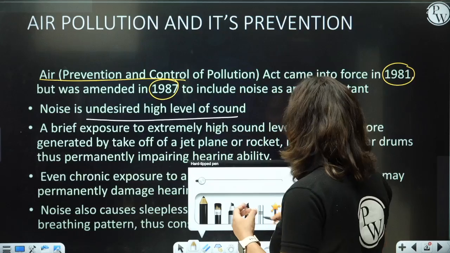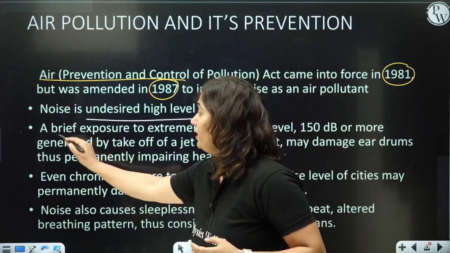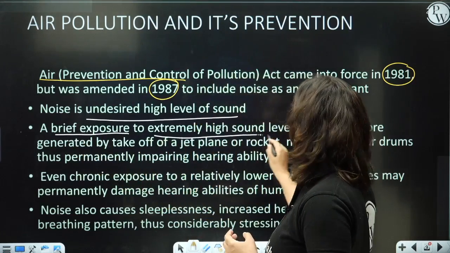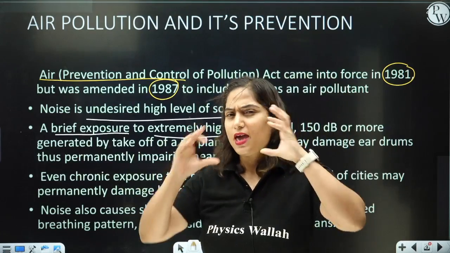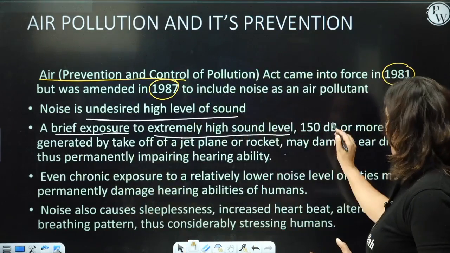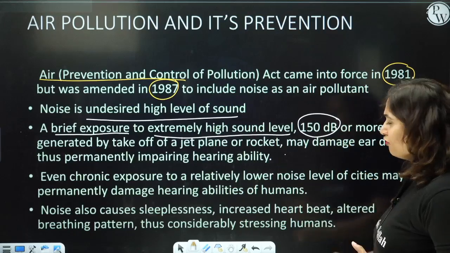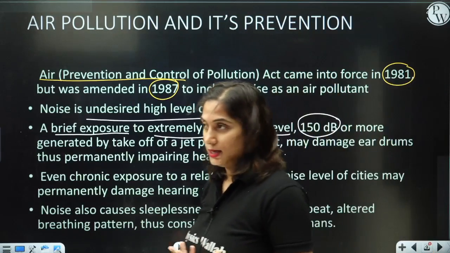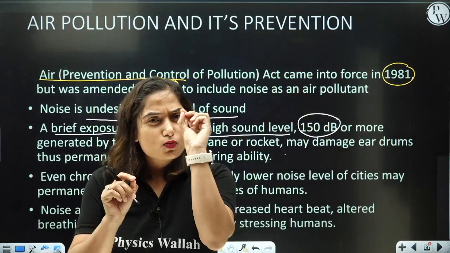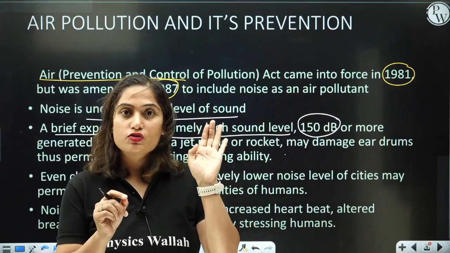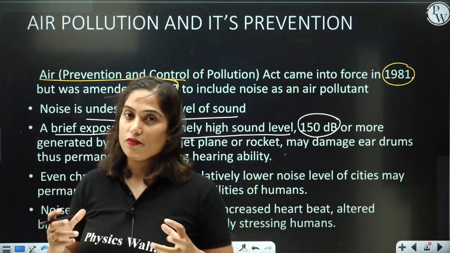Now, the NCERT is saying, which is important, that a brief exposure to extremely high sound levels, having 150 decibel intensity, even the smallest exposure to this noise, can cause damage to our ears.